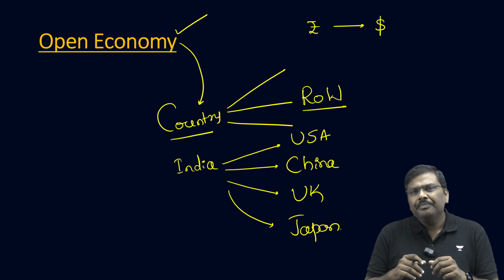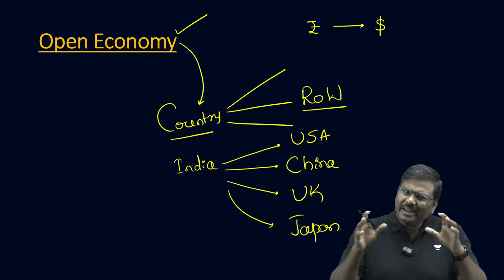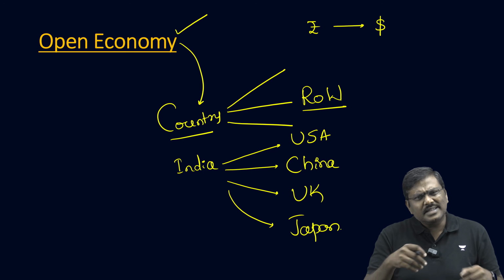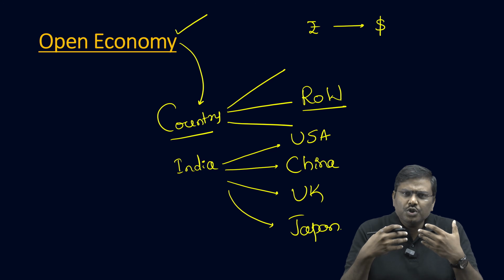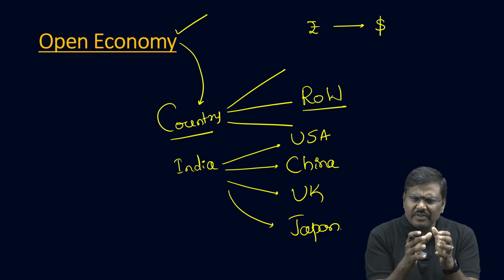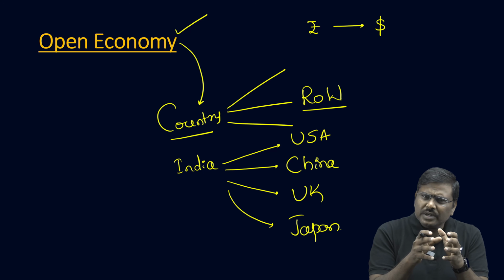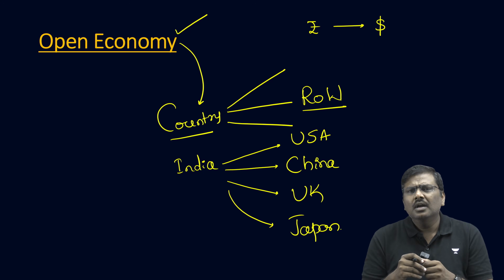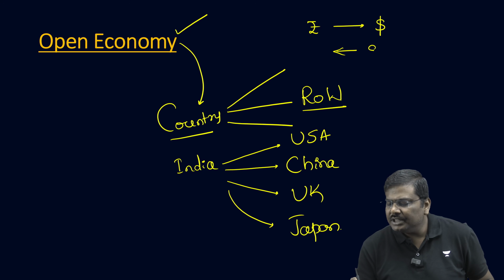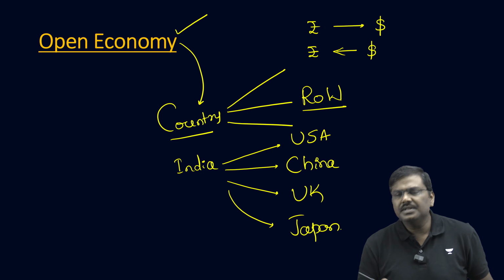Although please understand, most of the trade that India conducts and most of the trade that is done in the global market is conducted in terms of dollar itself. So whenever you conduct trade, you need to convert, let's say, rupee to dollar, and there will be certain instances where you need to convert the dollars into rupees.